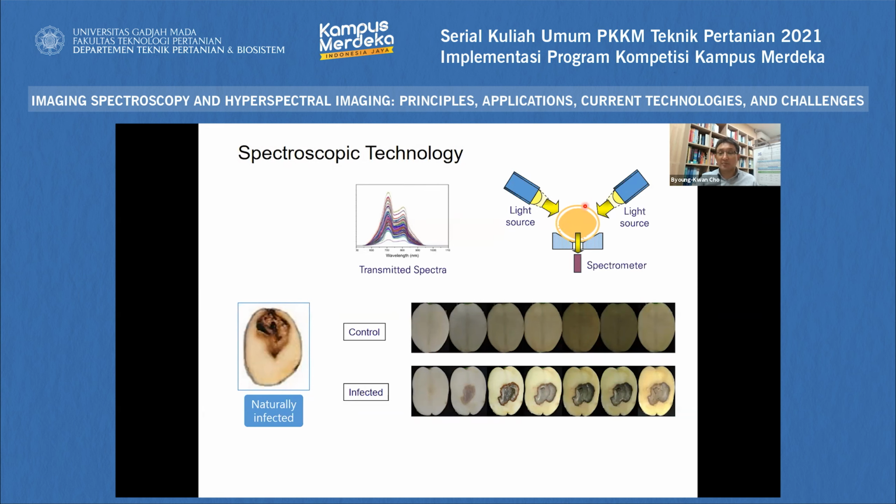Let's illuminate the potato. Light comes in and penetrates through the potato, and then the transmitted light comes out. We can collect the transmitted light using a spectrometer, and the transmitted spectrum is like this.